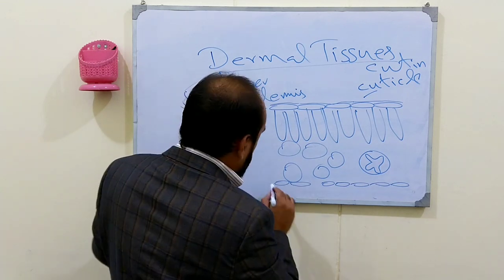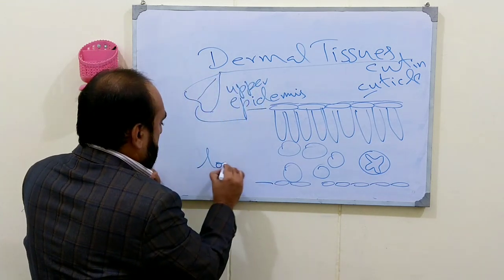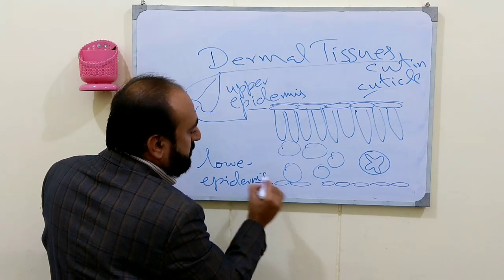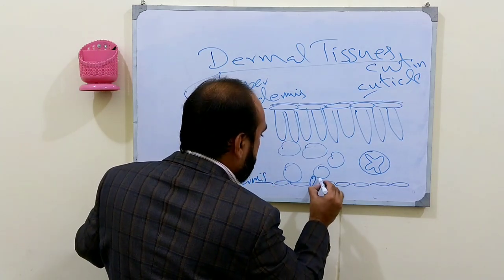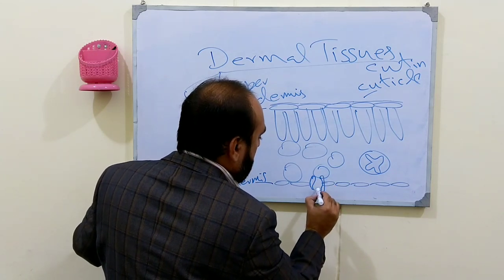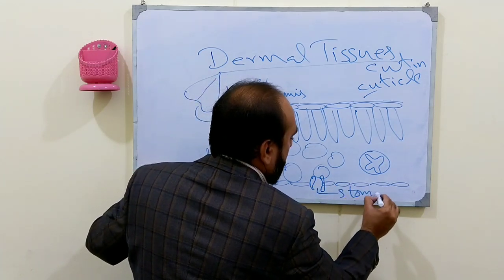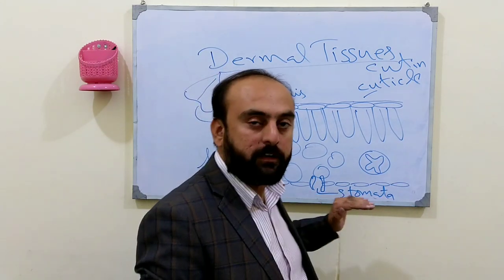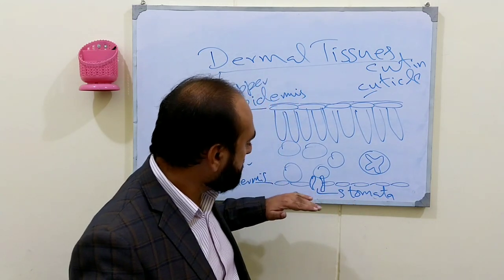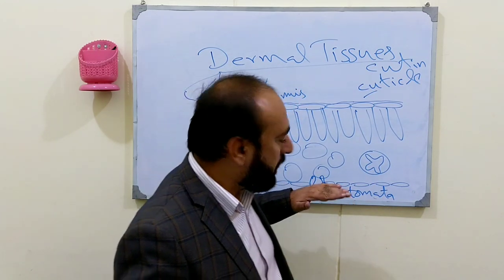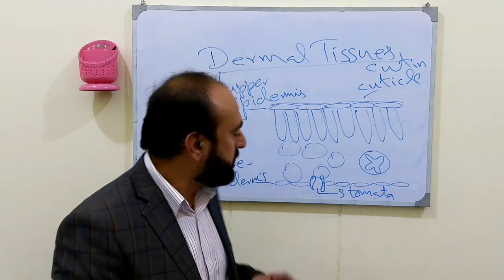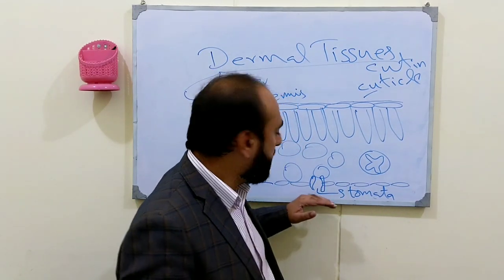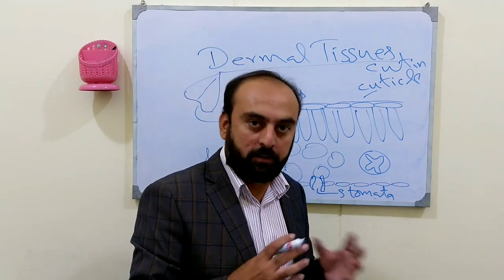And in lower epidermis, you see small openings here, which are called as stomata. These small openings or stomata are responsible for exchange of gases, carbon dioxide and oxygen, as well as exchange of water vapors.